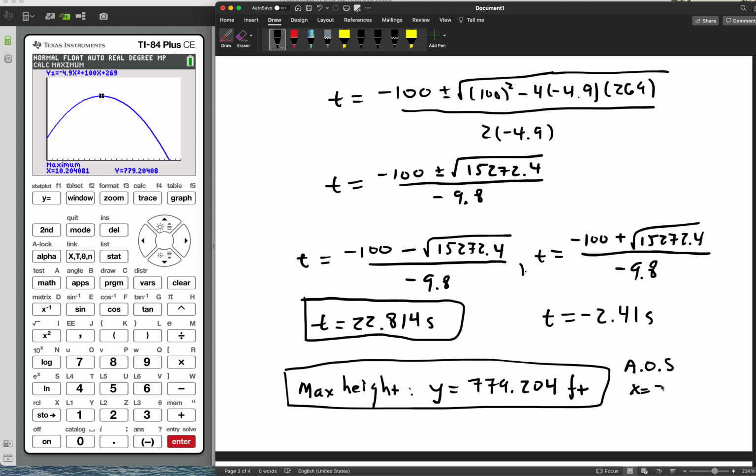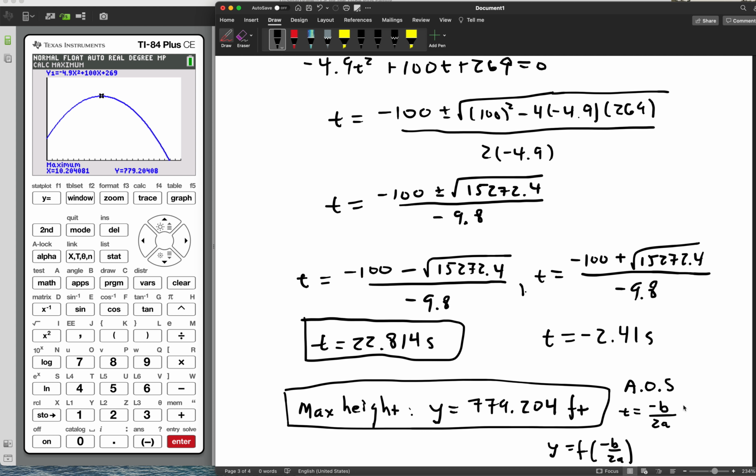X is equal to negative, or in this case t, t is equal to negative b over 2a, and then you'd compute f of negative b over 2a. And this would be our max height.